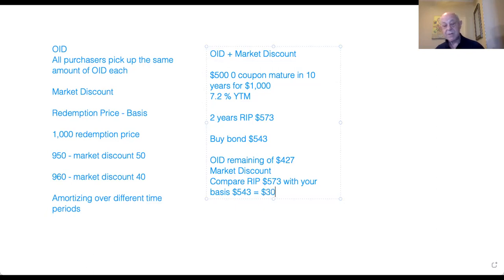So when you dispose of this bond, and now let's say you dispose of the bond 2 years from now, only with respect to the market discount. So there were 8 years to maturity. We held for 2 years.